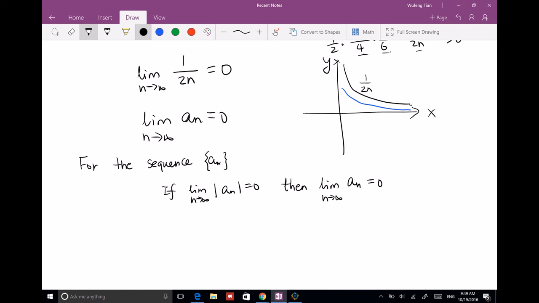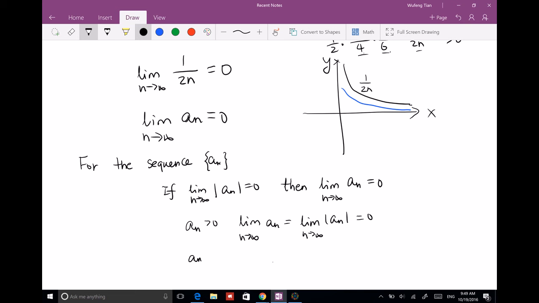All right. If a_n is positive, now you don't have to change anything. The limit as n goes to infinity of a_n just equals the limit of the absolute value of a_n, which equals 0.